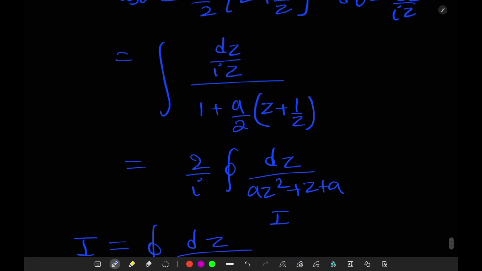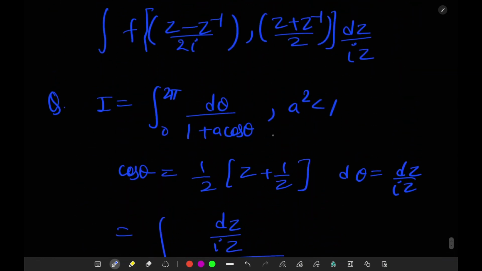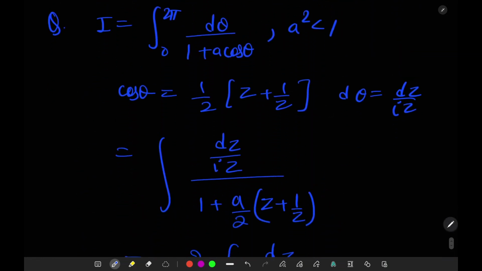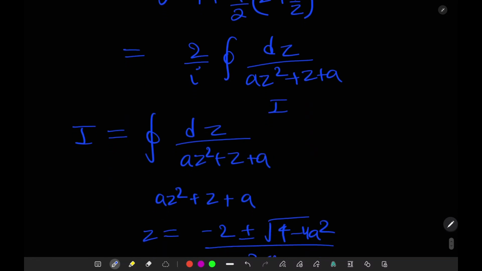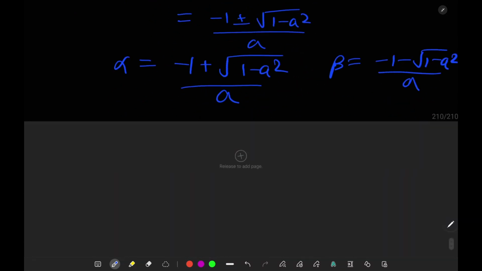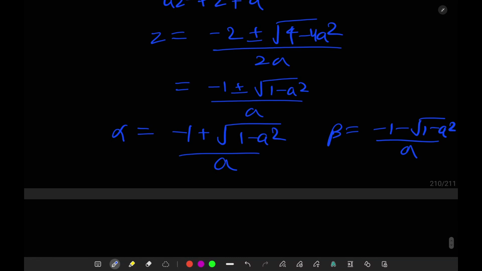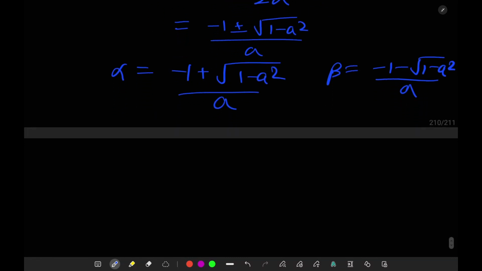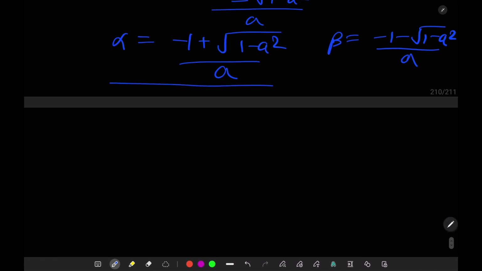Here you can see, in the given condition, the contour may be in the positive y axis, so positive real axis, so beta is outside the circle, so we use this value.